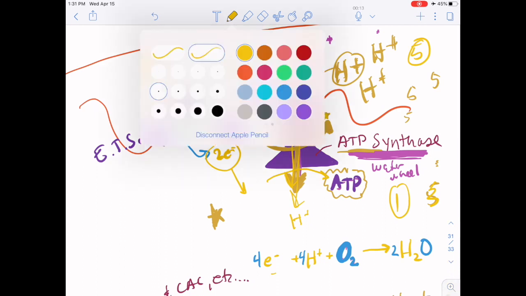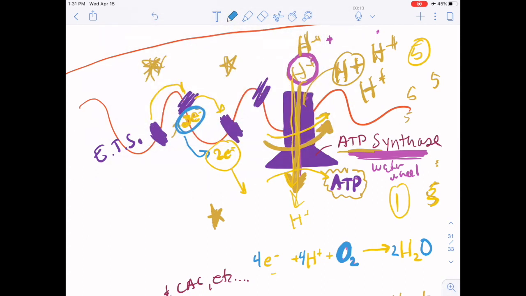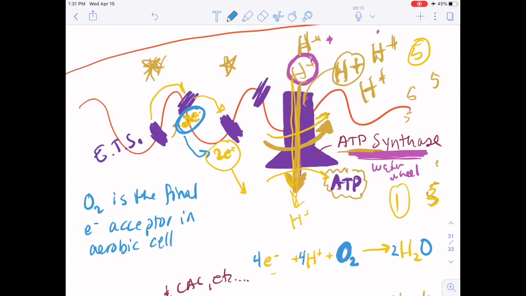We actually say, like, if you go to Molecular Oxygen's wiki page, believe me, it has a wiki page, it will say something like, oxygen is the final electron acceptor in aerobic cellular respiration. O2 is the final electron acceptor in aerobic cellular respiration.